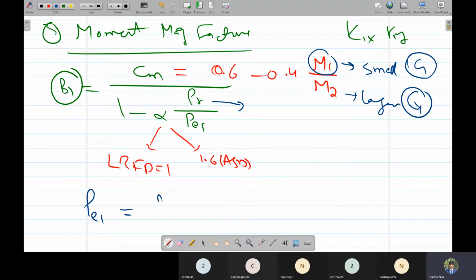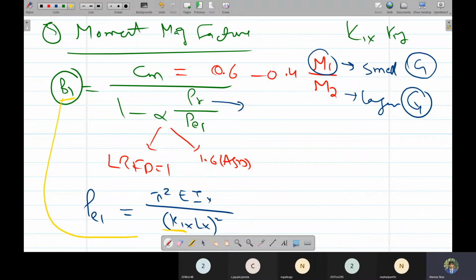It is simply pi square EIx over K1x times Lx, squared. Remember, we have to use K1 because it is B1. We are not going to use the larger one of K1 and K2. We are just going to use K1 here.